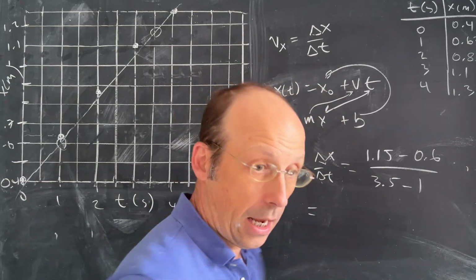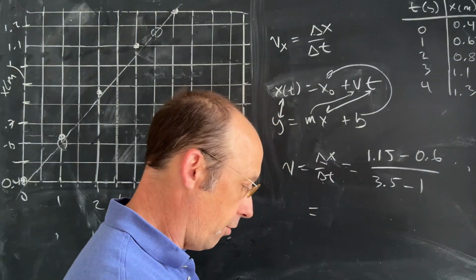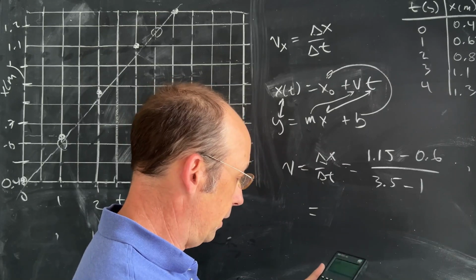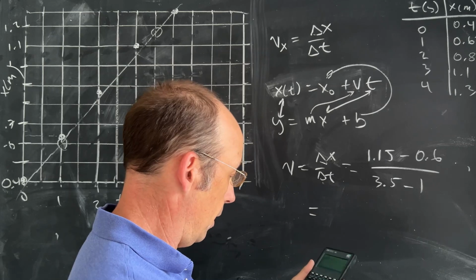Let's go ahead and plug that into your calculator. But you're going to plug it into your calculator, not my calculator. So 1.15 minus 0.6. And then 2.5 divided by that.